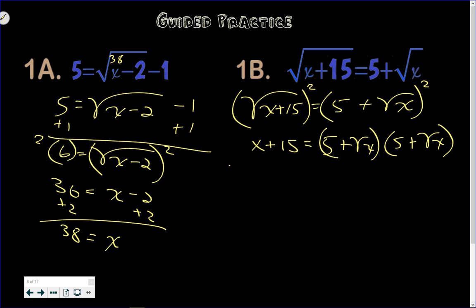Okay, so x plus 15, 5 times 5 is what? 5 times that would be, and then the same thing in the middle, and then the last would be plus x.